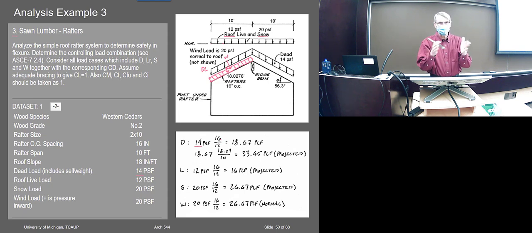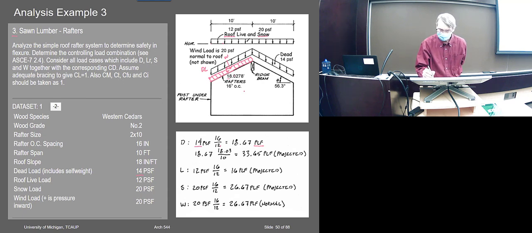It'll go up a little bit because I've got the rafters spaced a little bit wider than a foot on center, so 16/12. So that gives me the PLF on the rafter.